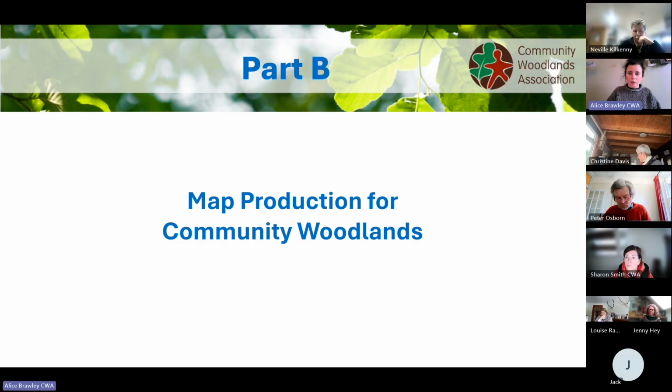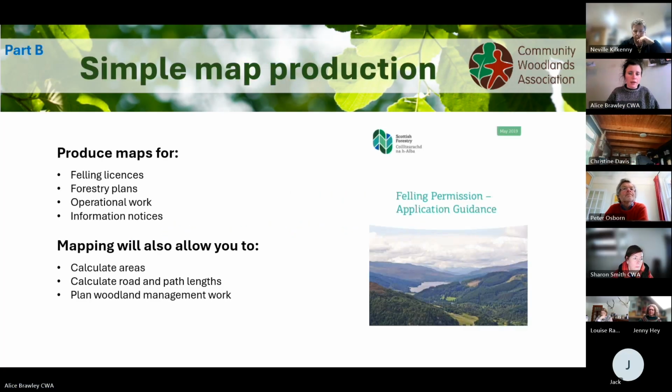So, producing maps. GIS is a very powerful tool that can do lots of complicated analysis, but as we talked about last week, most of what you're going to be using GIS for is creating simple maps. This might be for your felling licenses or your forestry plans, information notes, maps about access, or maps that you're going to give to your contractors.